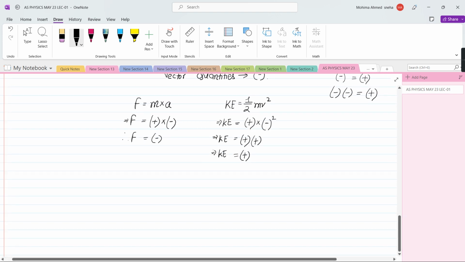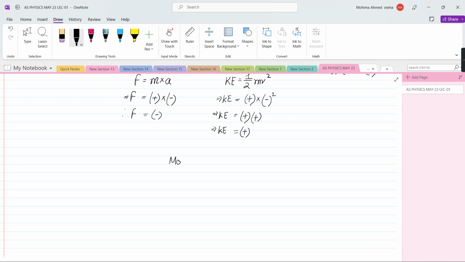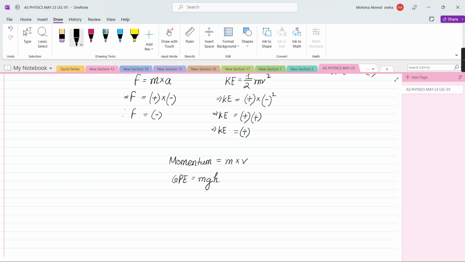So can you guys do a little math for me? What is the formula for momentum? It is mass into velocity, right? And another formula is gravitational potential energy, and that is mass, gravitational acceleration, and h, height.